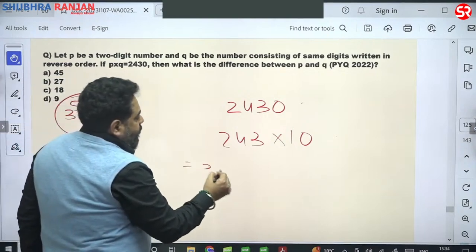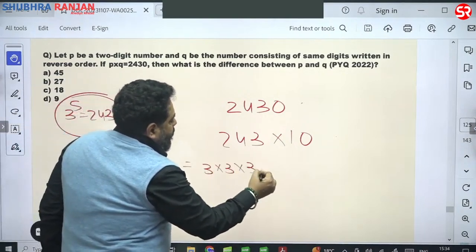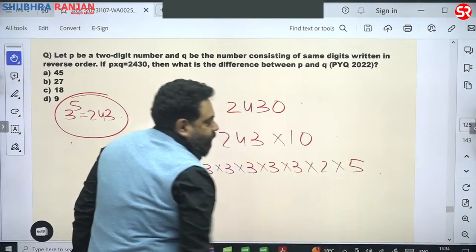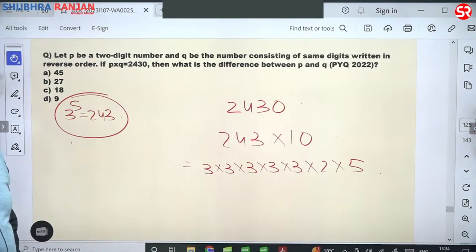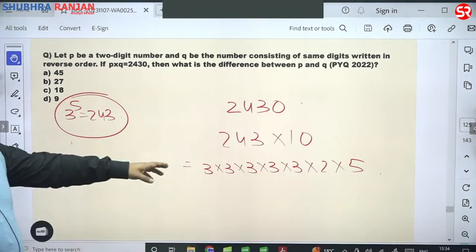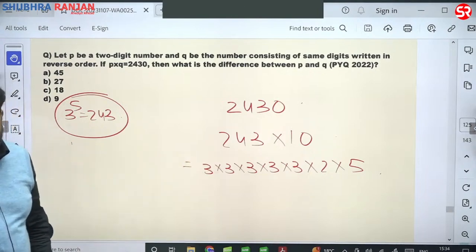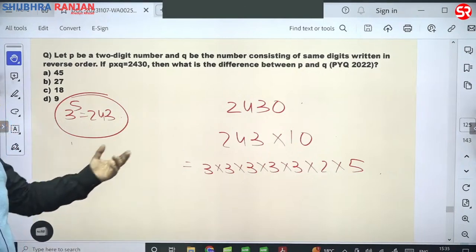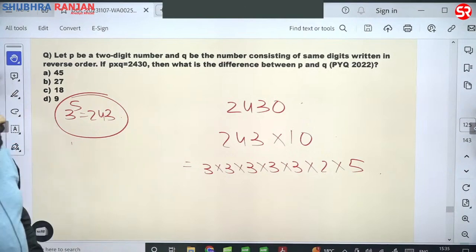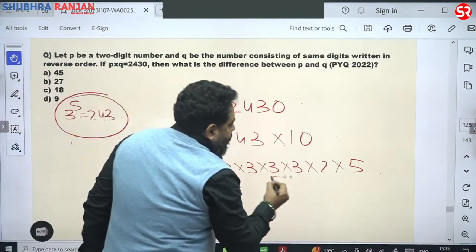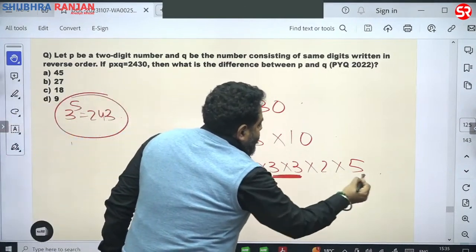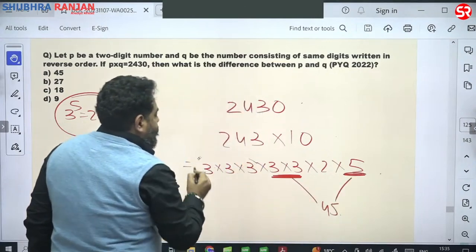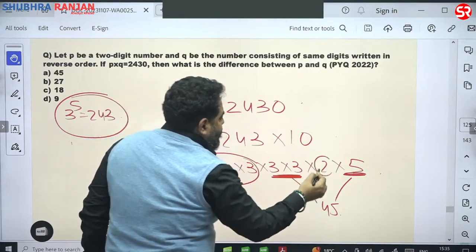It is 3 into 3 into 3 into 3 into 3 into 2 into 5. Now you needed to make a number and its reverse using this as a funda. So watch, this is 9. What is 9 fives? 45. And this is 27. What is 27 twos?